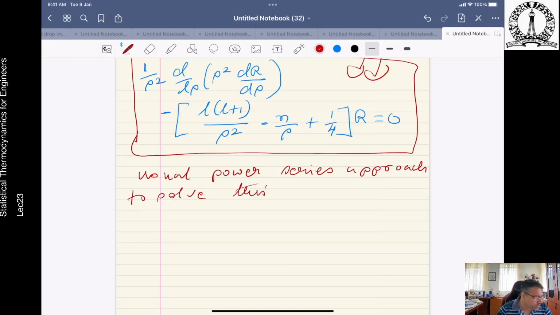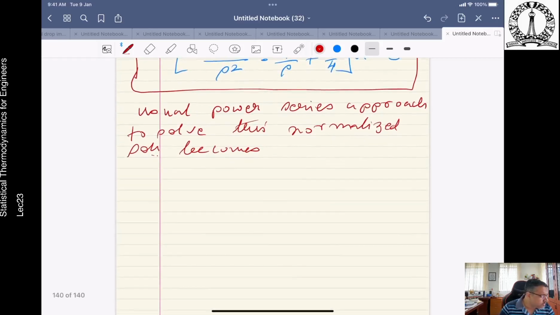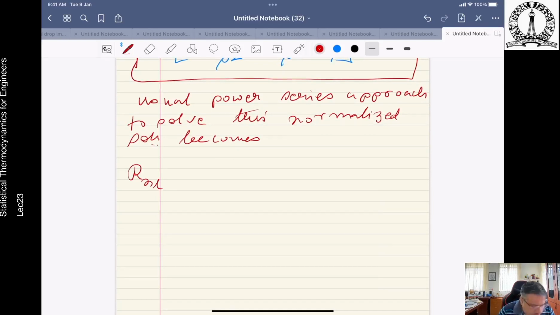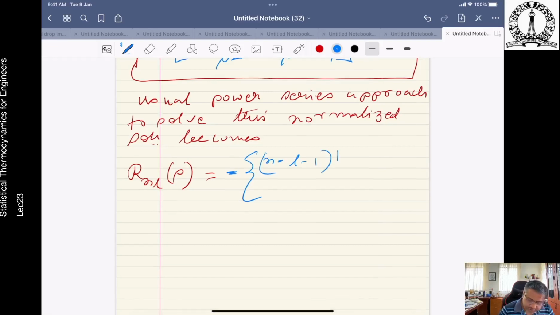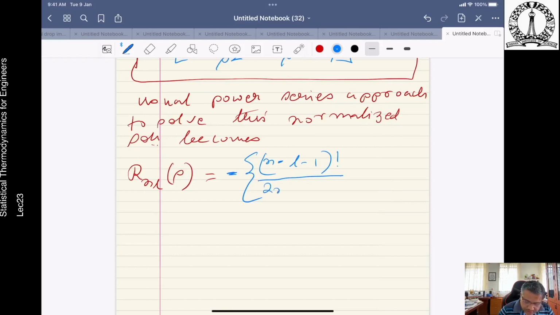The normalized solution becomes R n L equal to minus, and this is a long expression once again, (n minus L minus 1) factorial divided by 2n into (n plus L) factorial, raised to the power of 3.